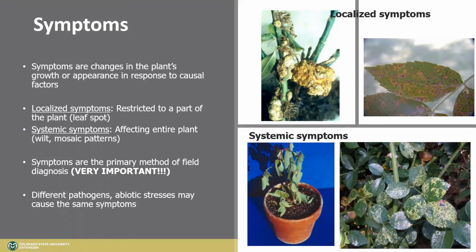The good thing about symptoms is that it's something that you can see. The plant is telling you something is wrong with me, please help me. So they are very important in the diagnosis. But the bad thing about symptoms is that different pathogens and abiotic stress might cause the same symptoms.